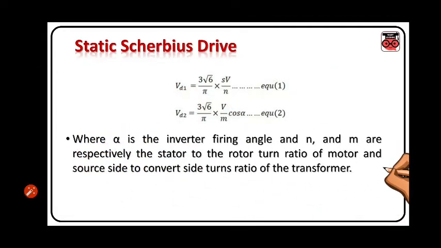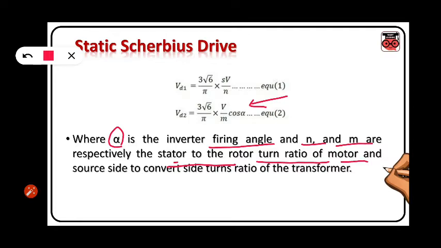In these equations, alpha is the inverter firing angle, and N and M are respectively the stator to rotor turns ratio of the motor and the source side to converter side turns ratio of the transformer.